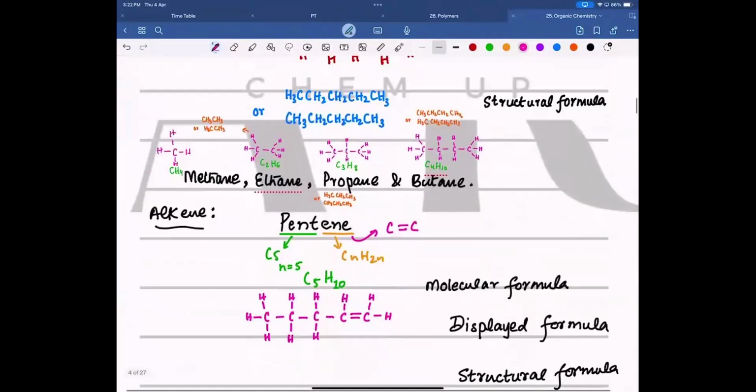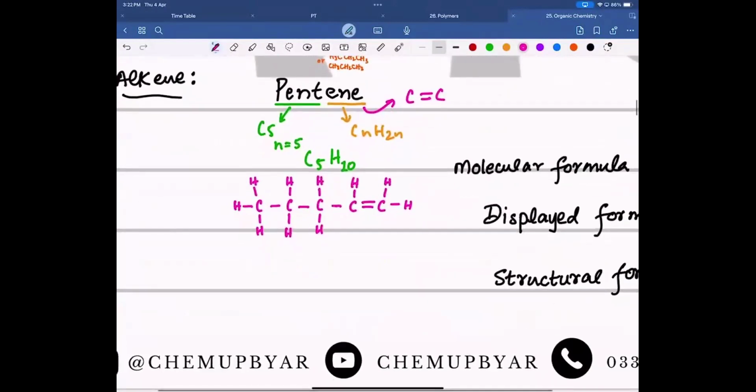Okay, now it's visible to all of you. So now how will we write the structural formula? The first carbon has 3 hydrogens, right?